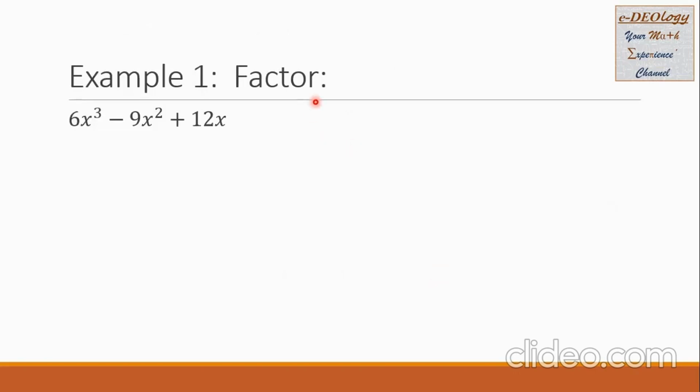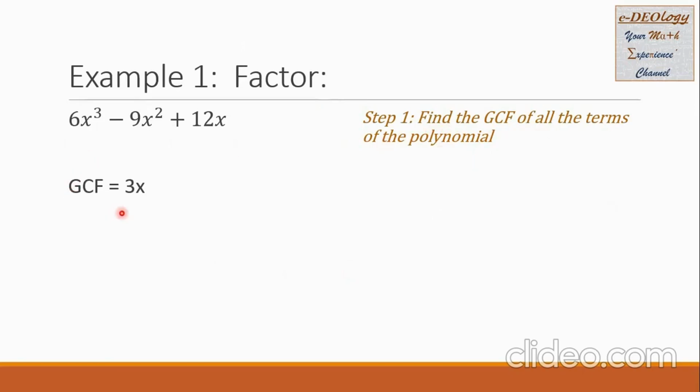Let's have example 1. Factor the trinomial 6x cubed minus 9x squared plus 12x. Our step 1 says, find the GCF of all the terms of the polynomial. In here, the GCF is 3x.